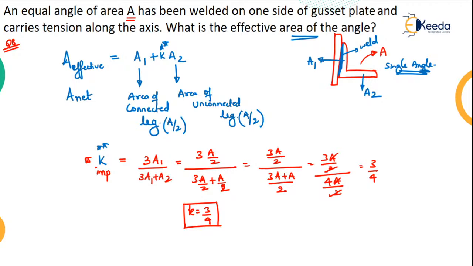Now calculate the A net. You get your solution. A net is equal to A by 2 plus 3 by 4 of A by 2. So in this case it will be A by 2 plus 3A by 8.